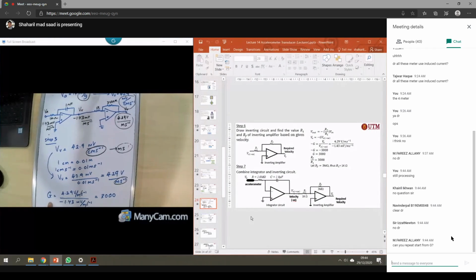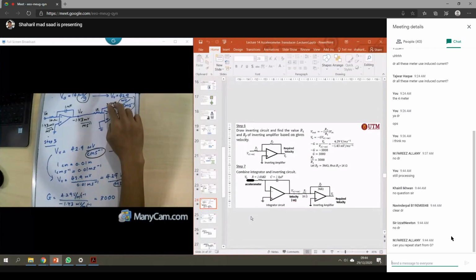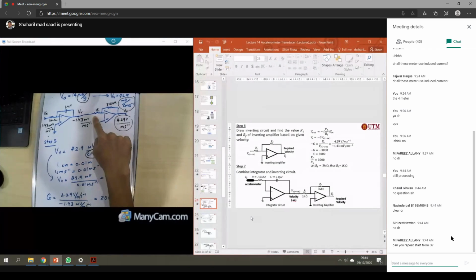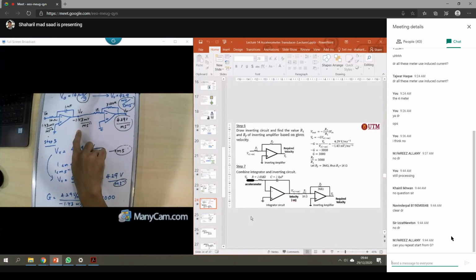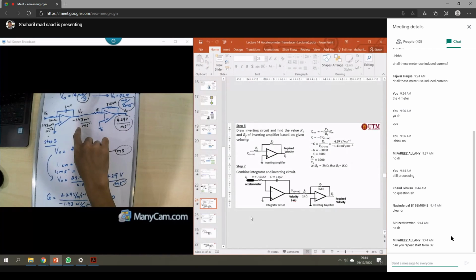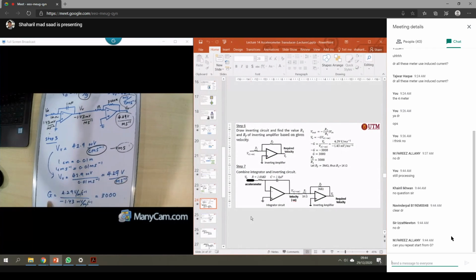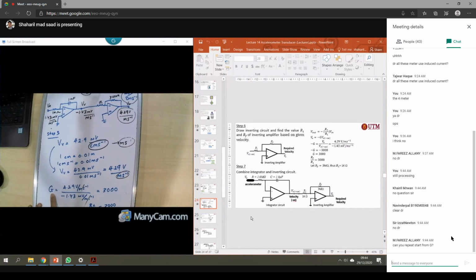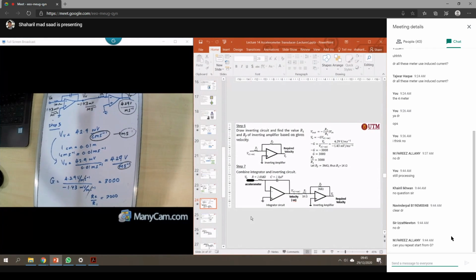For this G, you're going to get the value of RF and R1 here, right? The values of RF and R1 depend on your output and input. When you divide the output by the input, you will get your G. Of course, I know you will ask whether G will equal minus.